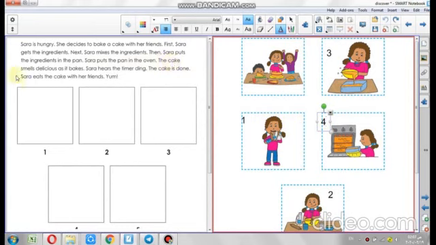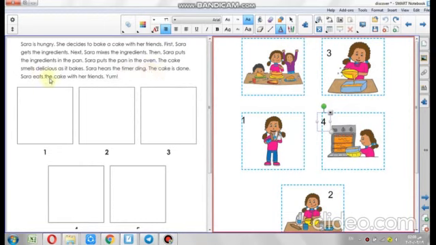The cake smells delicious as it bakes. Sarah hears the timer ding. The timer of the oven says 10. So when Sarah hears this timer, she stops the oven. The cake is done.